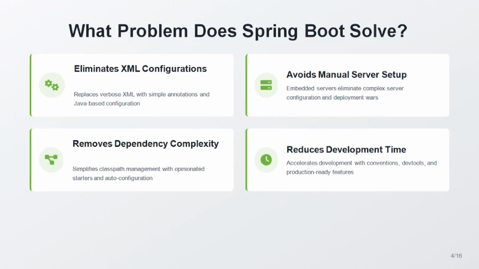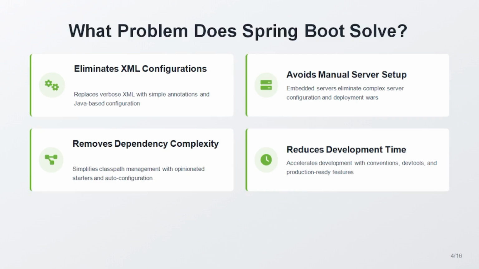The next one: what problem does Spring Boot solve? It eliminates XML configuration, as I was talking about. Now it is all annotation based and Java based. It avoids manual server setup. Previously in Spring, you developed it, made a jar using Maven or Ant scripts, then deployed it on a server like WebLogic or Tomcat.